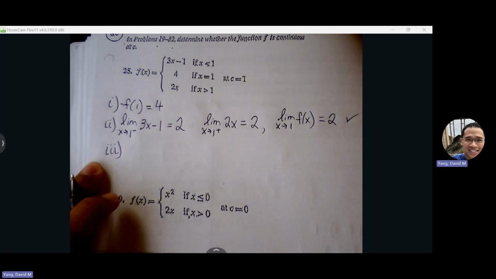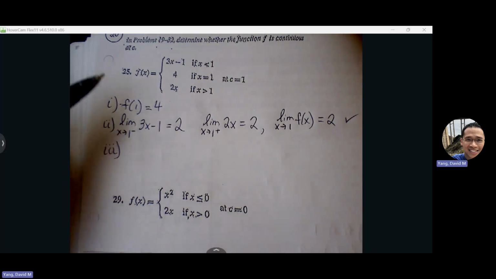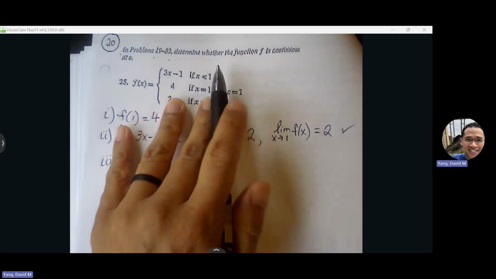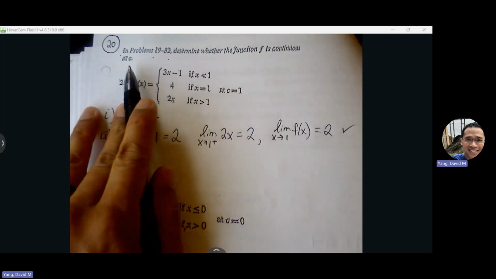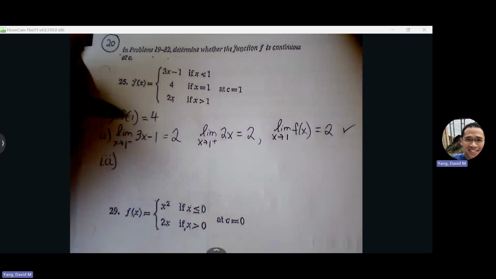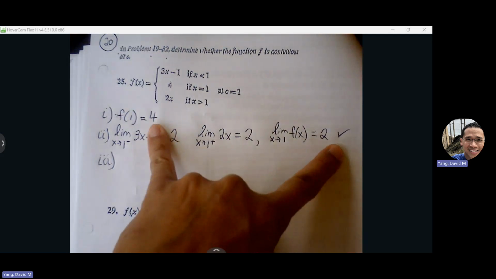Third condition. What do you do with the third condition? One does not equal, right? So therefore, we know what type of discontinuity. We don't have to redefine the point. We just have to state whether it's continuous or not continuous. And then I also want you to categorize what type of discontinuity. So again, don't say 2 doesn't equal 4.